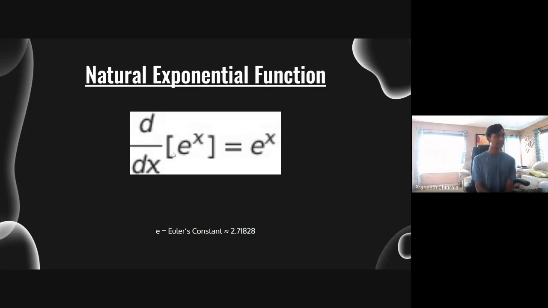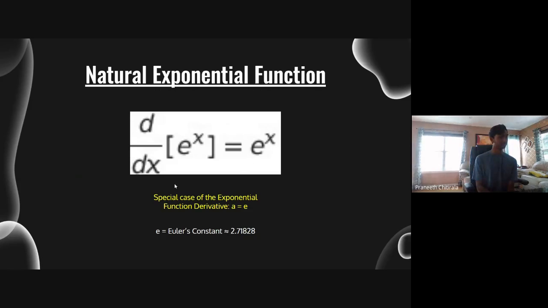Remember that e is Euler's constant, which is approximately 2.71828. This is a very unique derivative. The derivative of e to the x is just e to the x itself. This is one of those special functions where the derivative of a function is itself. It is a special case of the exponential function derivative, where a is equal to Euler's constant.